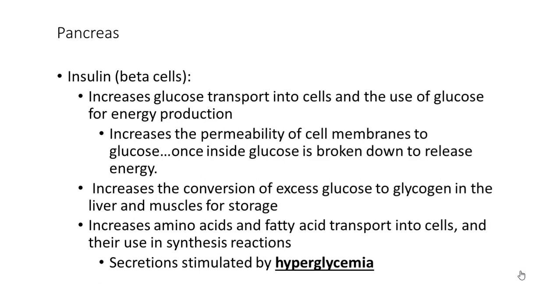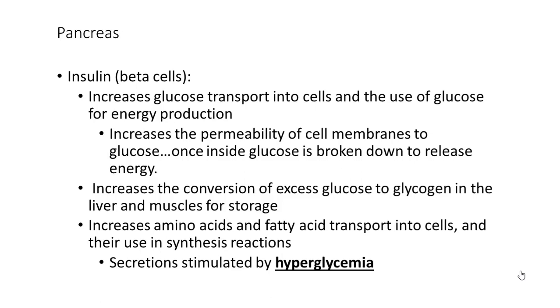So insulin, which is produced by the beta cells, actually helps the glucose go to where we need it to. It helps it get transport into the cells, and then the body's using that glucose for energy production, because we want the body to use the sugars for their energy rather than the proteins and the fats.